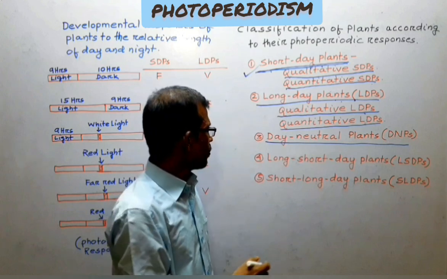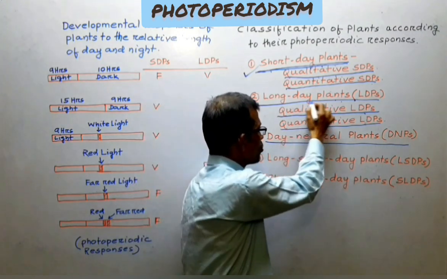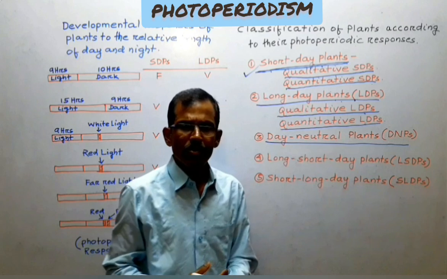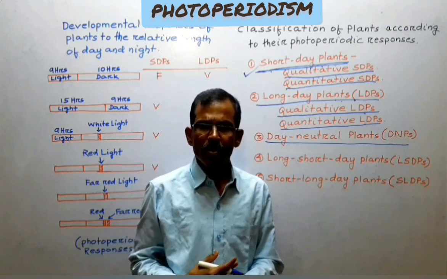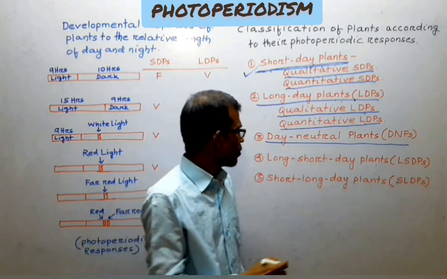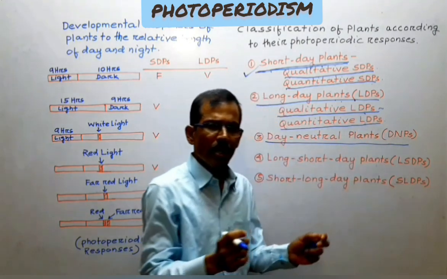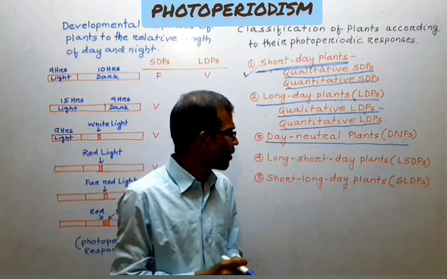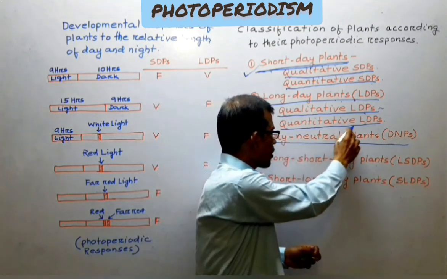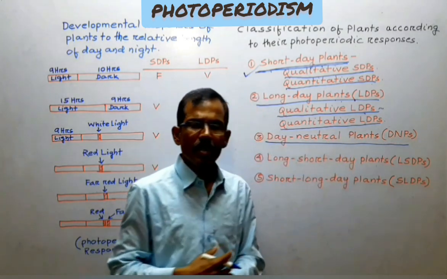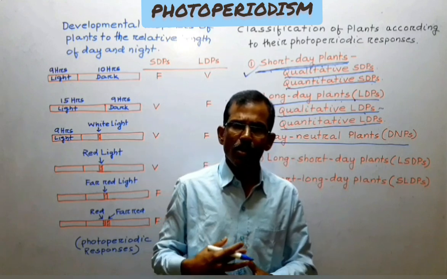The second group is long day plants, in which flowering is promoted when days are long. This group includes qualitative long day plants, which flower only when days are long, and quantitative long day plants, in which flowering is accelerated by long days.